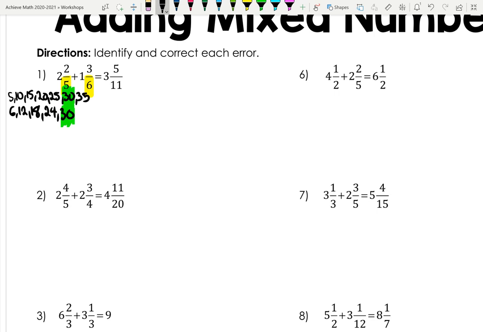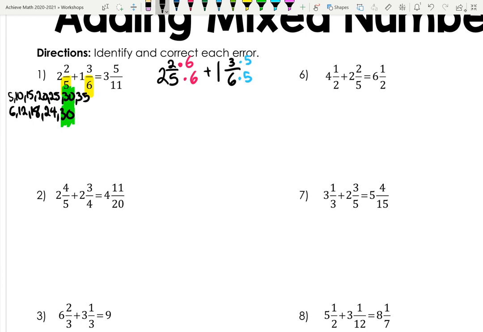So when I'm doing this problem, I need to take 2 and 2/5, and I'm going to add 1 and 3/6. And what I need to do is multiply 5 by 6 because 30 is the sixth term. Likewise, 30 is the 5th term of the multiples of 6.